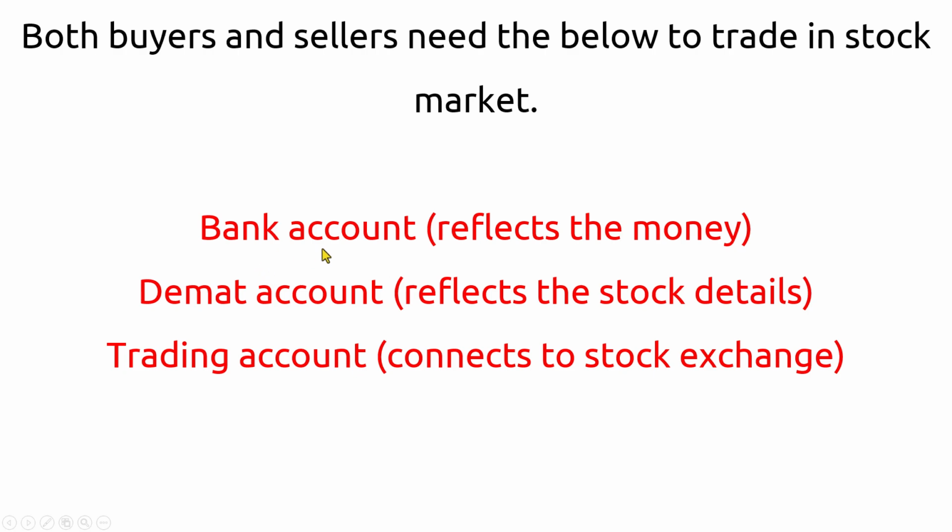A bank account reflects the money in an account, or it shows how much money a person has. A demat account reflects the details of the stocks that a person owns.